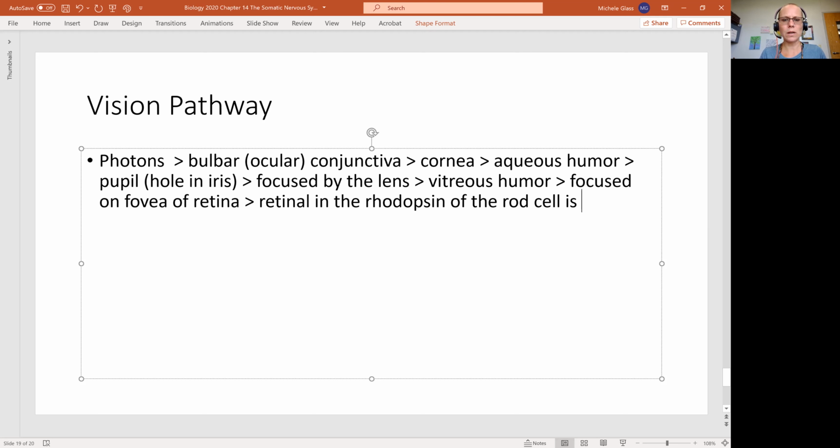So that's what we're going to do here. Retinol in the rhodopsin of the rod cell is converted from cis shape to trans shape.